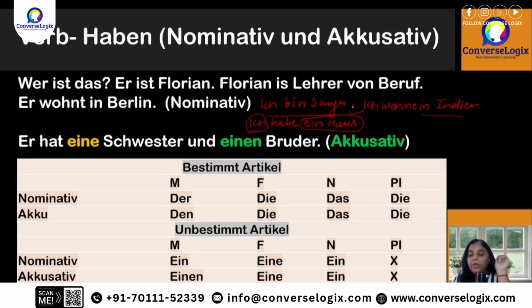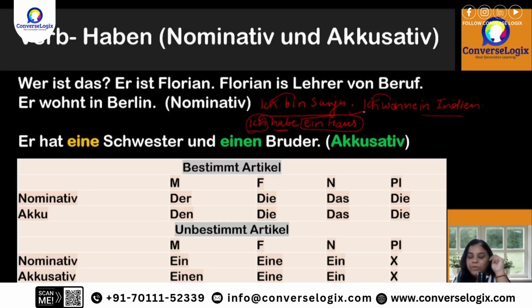करेक्ट? नॉमिनेटिव क्या है? सब्जेक्ट ऑफ द सेंटेंस. ein Haus क्या है? accusative है. और बहुत सारे तरीके हैं आपको आइडेंटिफाई करने के एक सेंटेंस में कि क्या मेरा सब्जेक्ट है और क्या मेरा ऑब्जेक्ट है. First of all, I have explained that my verb is always conjugated as per my nominative. ठीक है?